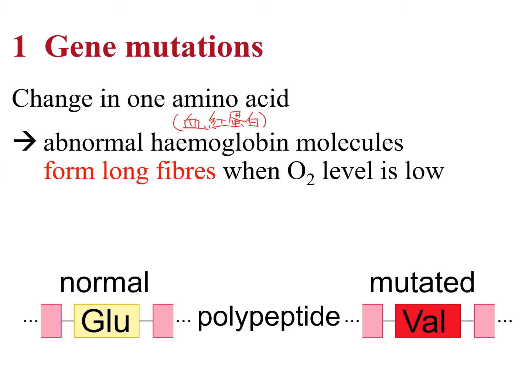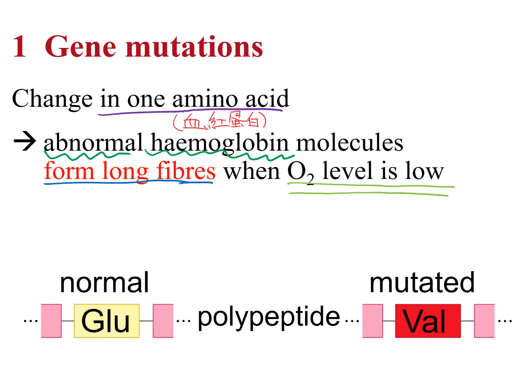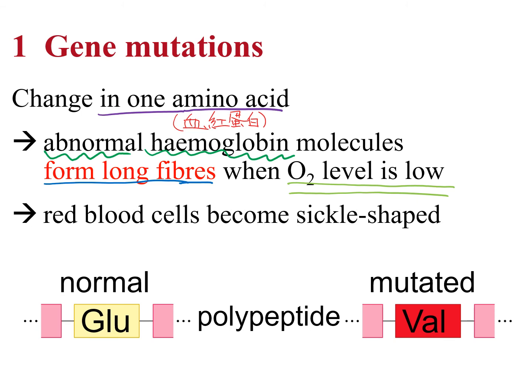After the base substitution, there is a change in one amino acid, leading to a formation of abnormal hemoglobin molecules inside the red blood cell. With an abnormal hemoglobin, when the oxygen level is low, the abnormal hemoglobin will form long fibers, and this leads to a sickle-shaped red blood cell.